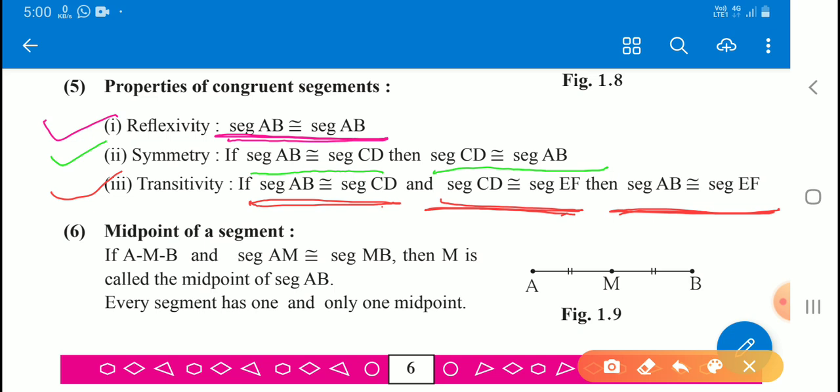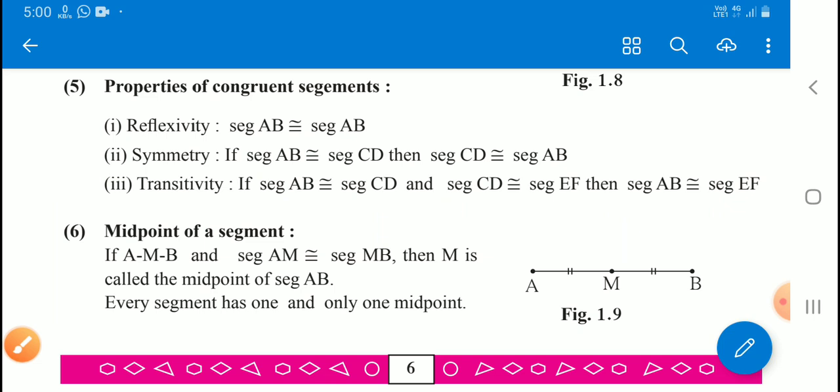So these three properties you have to keep in mind. Once again I will repeat the properties: reflexivity, symmetry and transitivity. Reflexivity means every segment is congruent with itself.